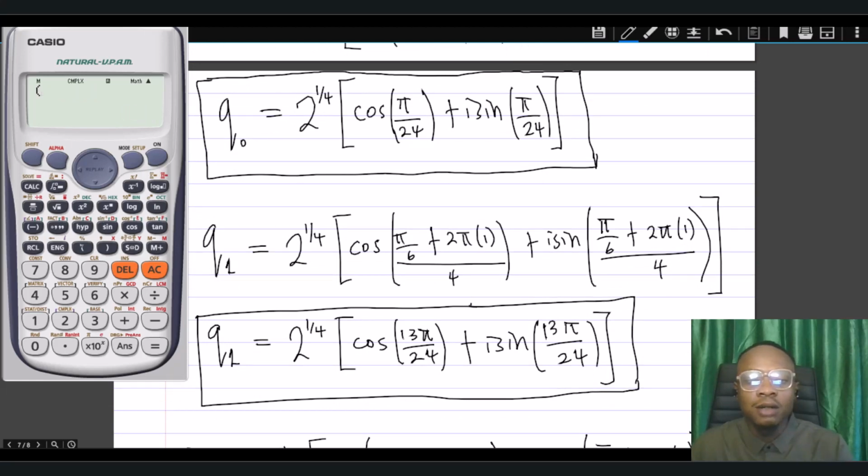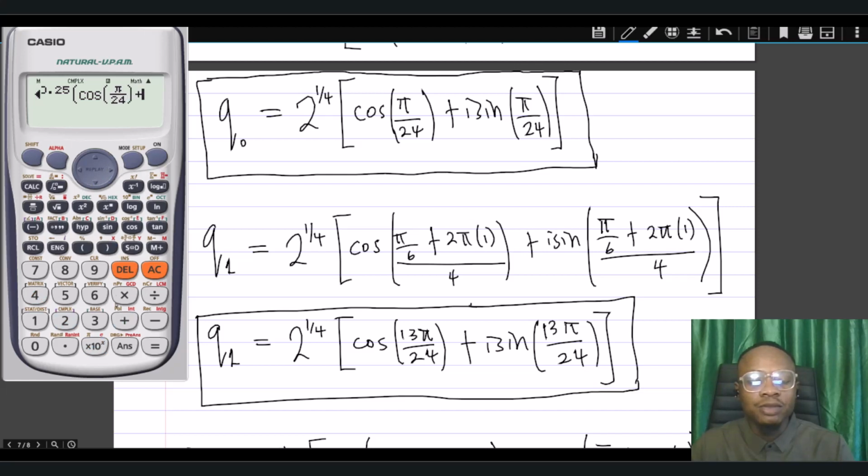Let's put a bracket here, and then we'll put 2 to the power of 1 over 4, that's 0.25. We can write 0.25 directly. Then we're multiplying by the cosine of this. So this is cosine of pi divided by 24. So we have pi here and then we have 24. Then we come out of that bracket, close it.